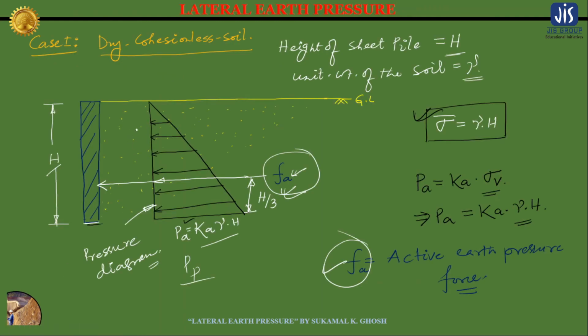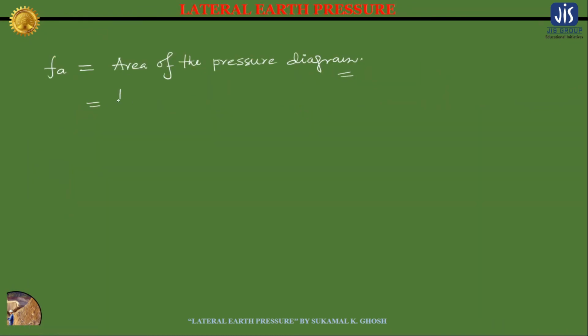See, the height of this pressure diagram is h and the base of the pressure diagram is Pa, that is Ka into gamma into h. Okay, so the area of the pressure diagram will be half into h, the height, into the base, that is Ka into gamma into h. Okay, which will be equal to half into Ka gamma h square.